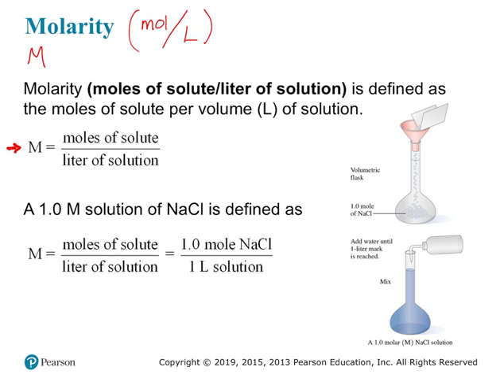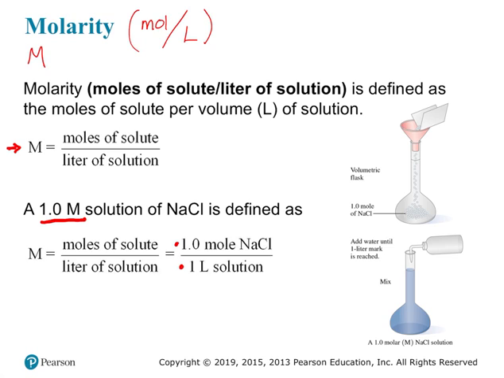All right. So as an example, let's say we're told that we have a 1 molar solution of sodium chloride. That means that we have 1 mole of sodium chloride for every 1 liter of solution. Now, let's say we had to make a 1 molar solution of sodium chloride. The way we would do that is we would weigh out 1 mole of sodium chloride.